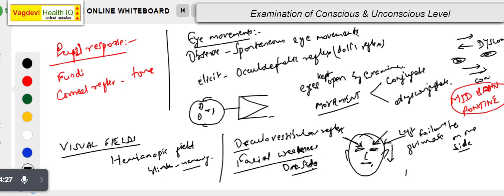So these are all tests. We are going to understand this even better later. This is the beauty of this system.